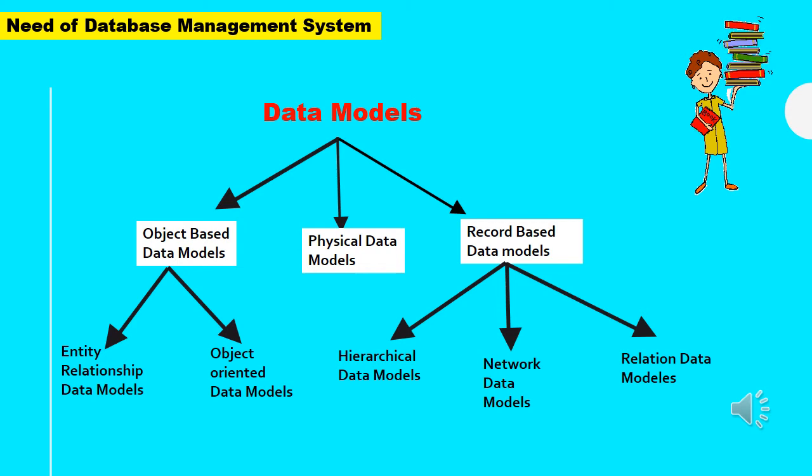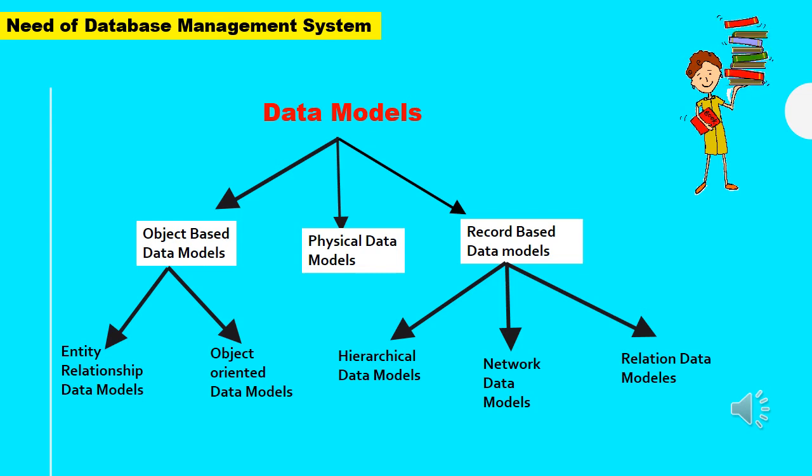So data models are three types again: object based data models, physical data models and record based data models. It's again the object based data models divide into two and record based data models divide into three. But in this chapter you have to know about only the three models, that is object based, physical data and record based.